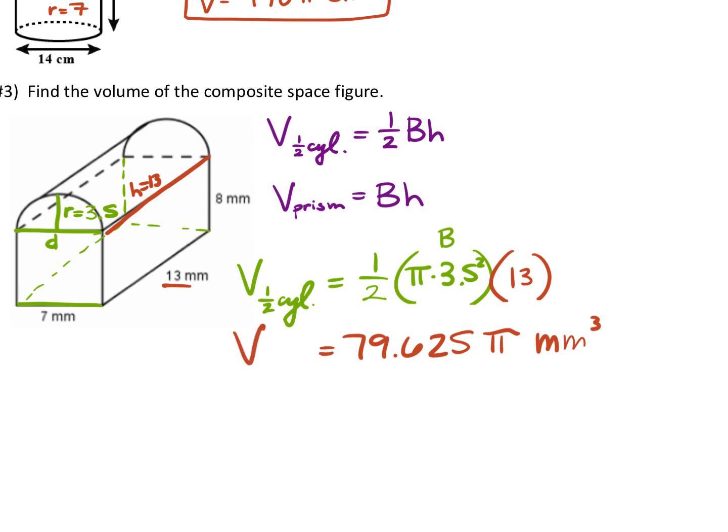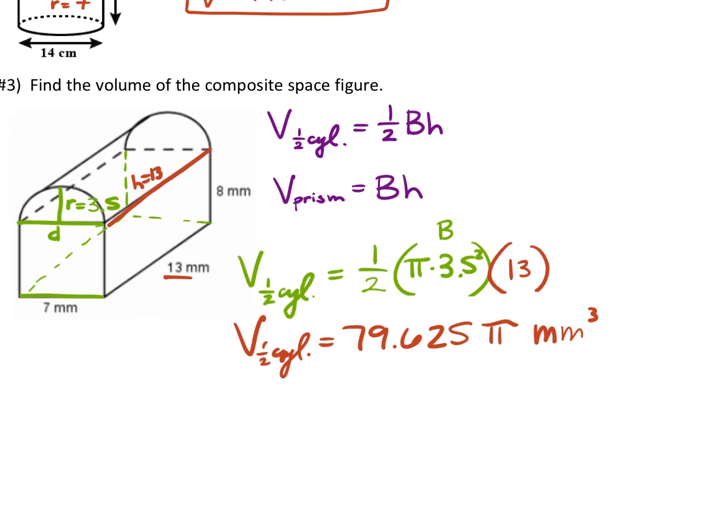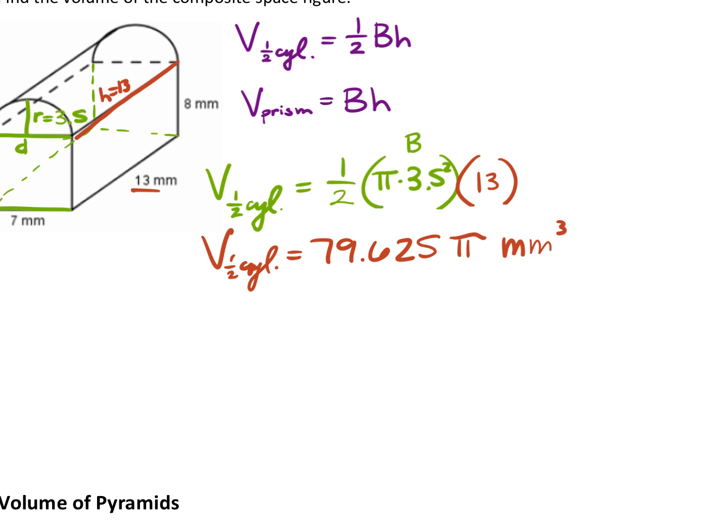People look at that and say, no, you rounded. Did I round? I didn't round. That's exactly the number. It's a terminating decimal, right? So don't call it 79.6 because then you rounded, but this is the exact number. Or if you want to turn it into a fraction, you can hit the S to D button. So that's the cylinder. We're going to use this number.